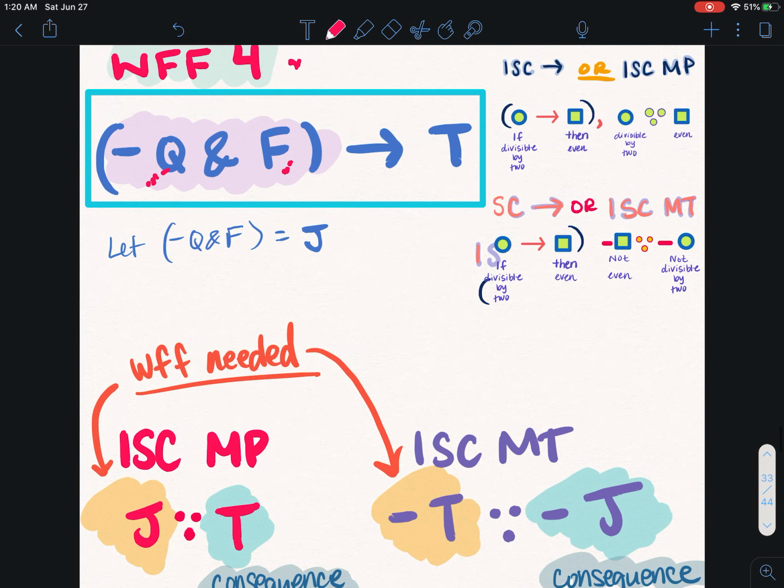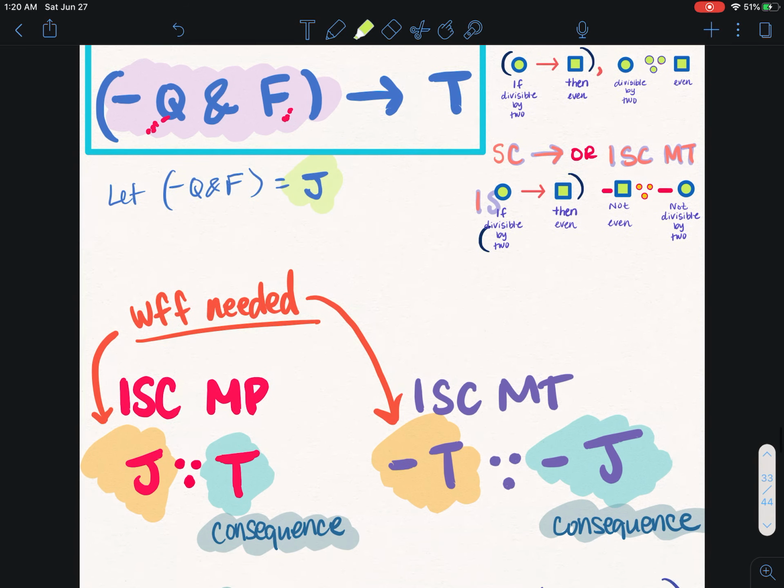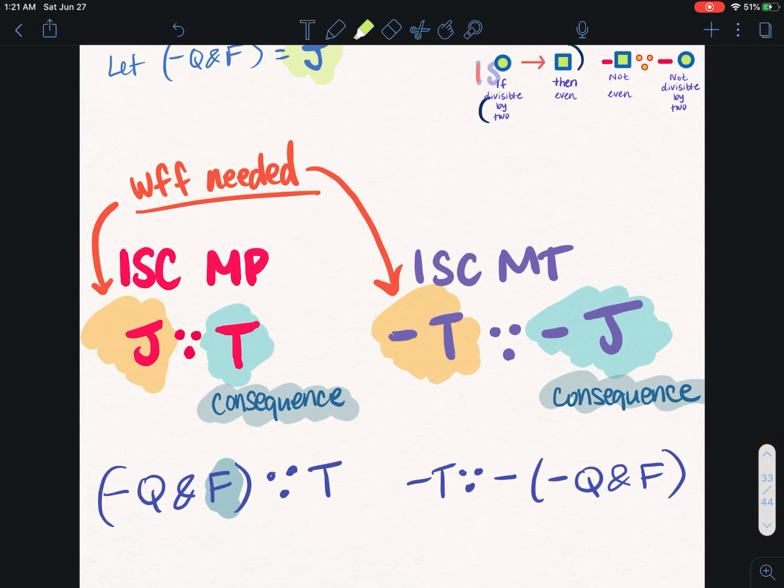Oh, I just let this equal J because I didn't want to write it. I was being lazy. So we have these two. Okay.